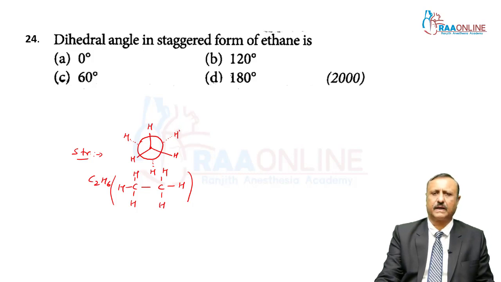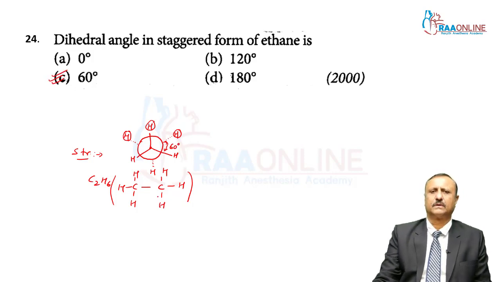The dihedral angle means the angle between this hydrogen and this hydrogen. You can see that angle is approximately 60 degrees. So, my dear students, you get the 60-degree angle. So the answer to the 24th is C. This question was asked in NEET 2000s.